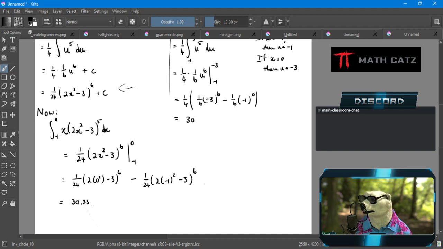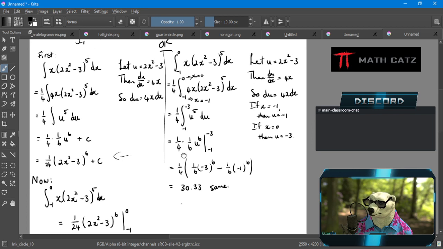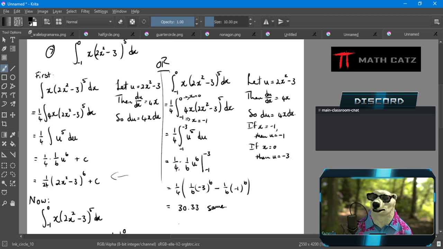So I'm going to get my same answer. The issue is, well, let's look at pros and cons of this. And there are some. Con is I can very easily forget or miss the fact that my original boundary values were linked to x.